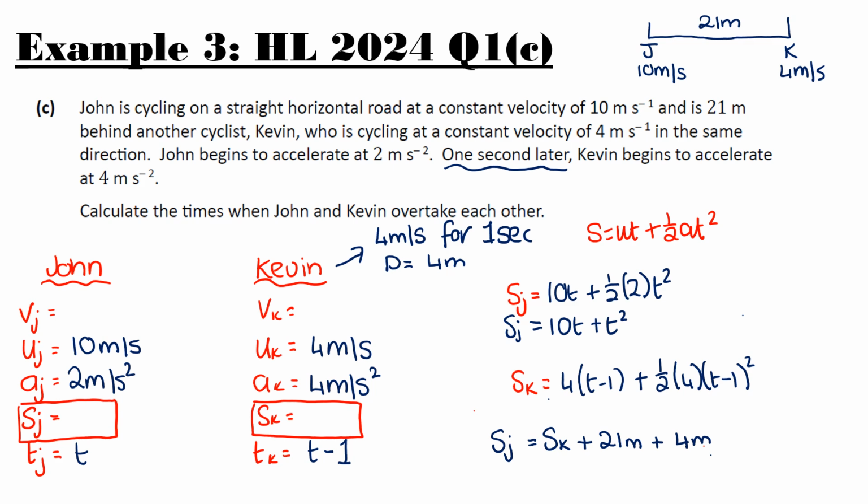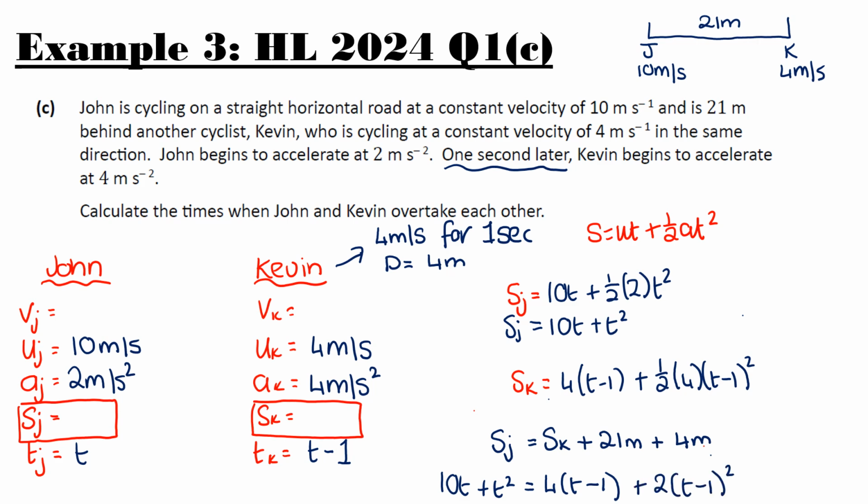Now, another way to look at that is that S for Kevin could have taken that 4 into account there. So what we're going to do is we're going to have 10t plus t squared equals 4 times t minus 1. And I know I haven't done a lot of cleanup on Kevin, so we'll do a half of 2, which is 2t minus 1 squared.